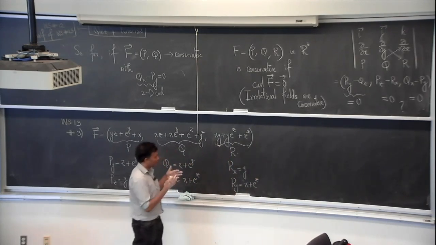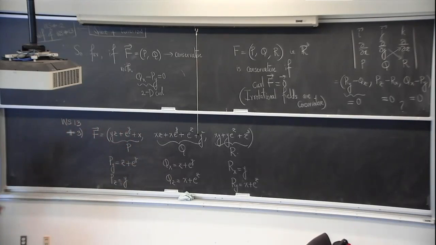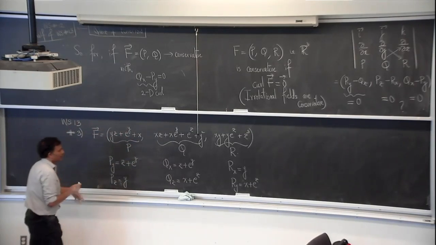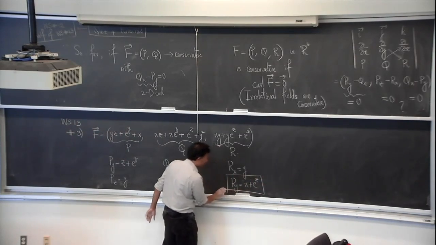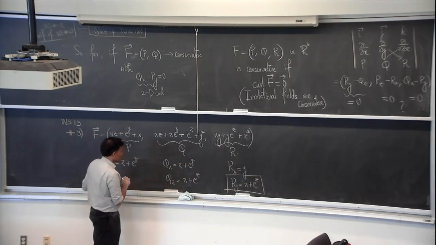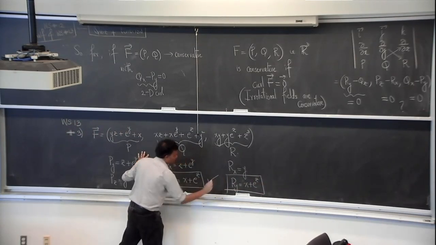So you could either fill it in the determinant, it might look a little lengthy, or you could just write down these partial derivatives and compare them appropriately. Okay, Ry is x plus e to the z. I'm just going to use similar shapes to compare: Ry, Qz. Okay, that is good. They are equal.